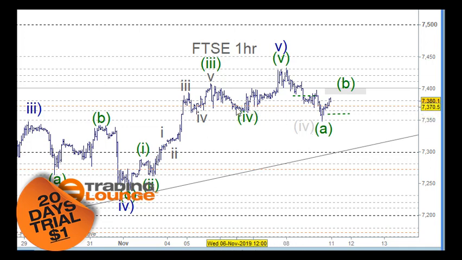But also, because that looks like a B wave here, like an A and a B, and then 1 and 2 in here, strong 3rd wave here, 4th wave and 5th wave here. It looks like a B wave, so this wave 4 here can be sitting over here. So once again, this could also move up from here as well.